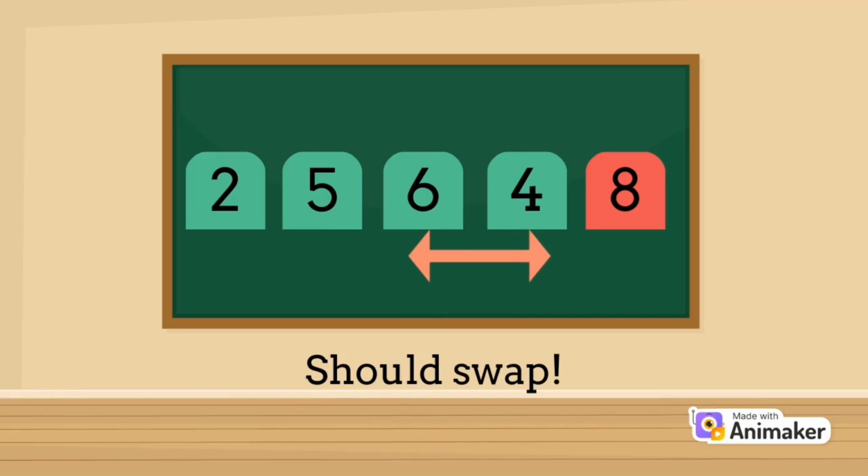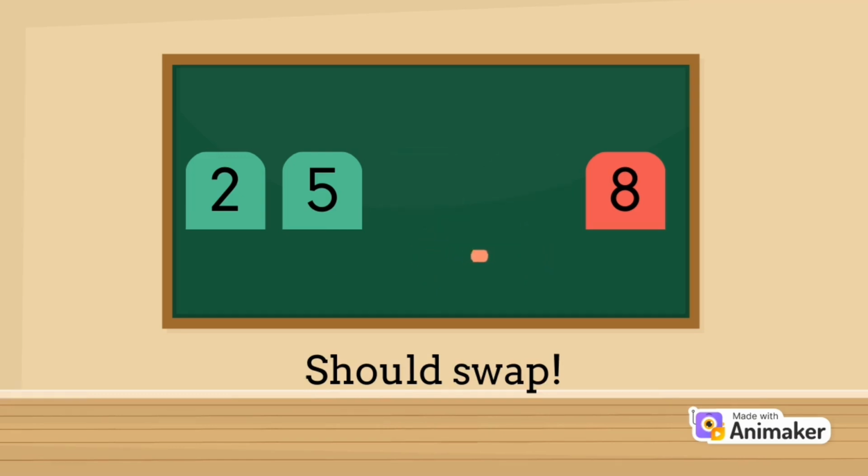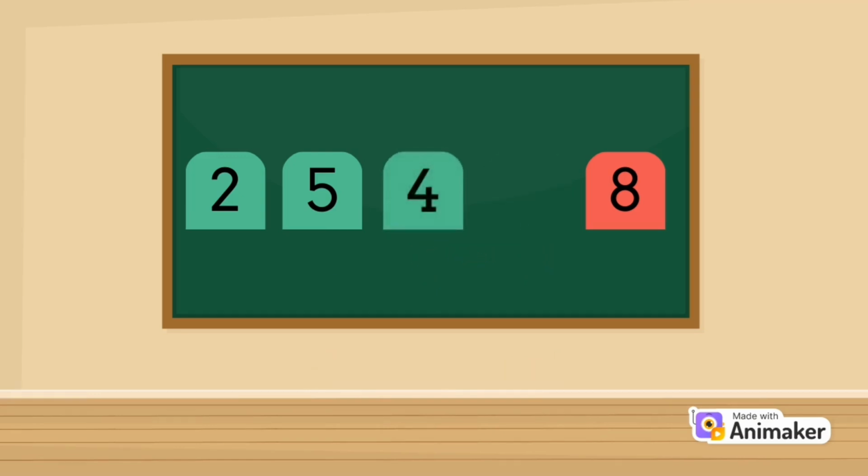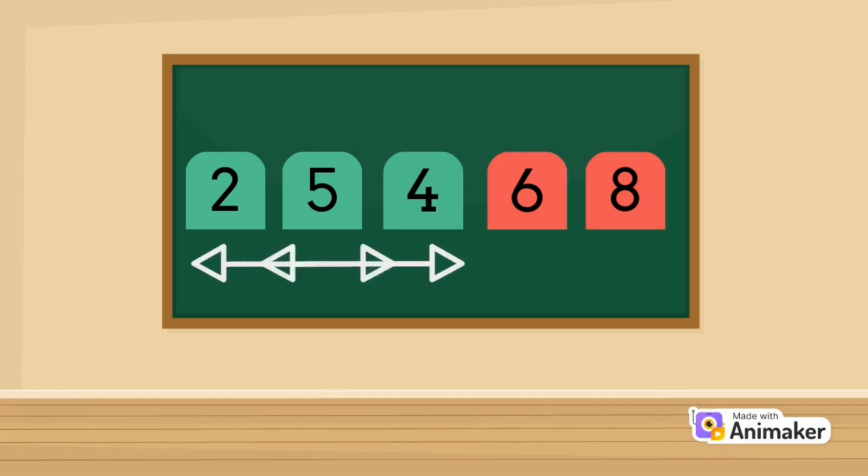This should swap. There you go. We completed another iteration of the array, and now the next largest element is also in its right place. So we repeat. We repeat again and again until the array is fully sorted.